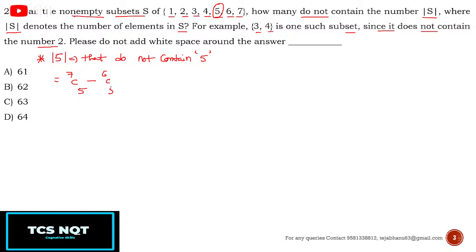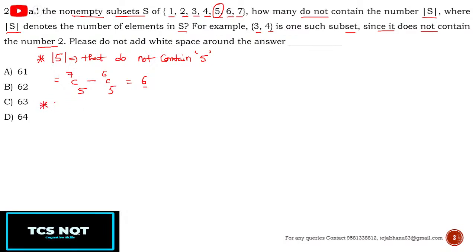So 6C5. You will get 6 as the answer. 7C5 minus 6C5, answer is 6. I hope it's clear.